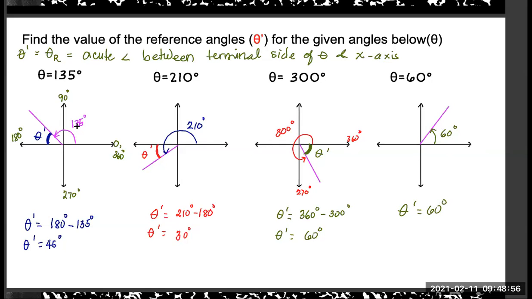Like in this case, we want 135. So when you measure the angle from the positive x-axis, where do you stop? You stop somewhere between 90 and 180 because 135 is between 90 and 180. So you stop right here. You terminate here. Okay, that's why it's the terminal side.